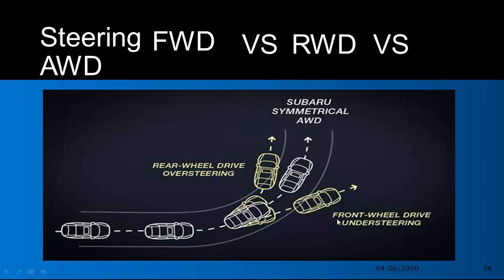If your vehicle is going outside the radius of curvature, then it is known as understeering. Clear? So we can see here the turning radius is very accurate in the case of all wheel drive, but it shows oversteering with rear wheel drive and understeering with front wheel drive. We are clear?